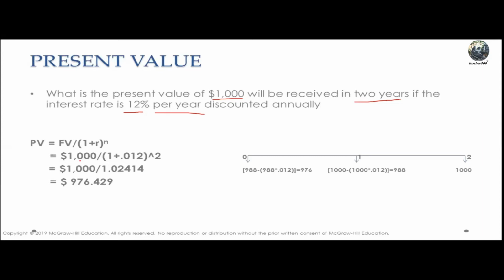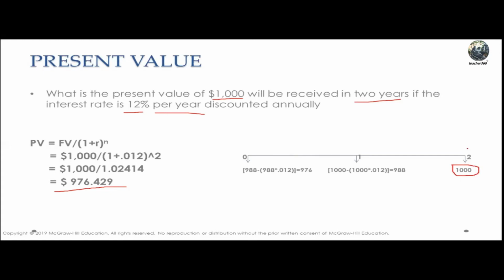So according to the formula, your future value 1,000 divided by (1 plus 12%) to the power 2, you will get the present value 976.29. Through the timeline, here we can see your future value is 1,000 in year 2.